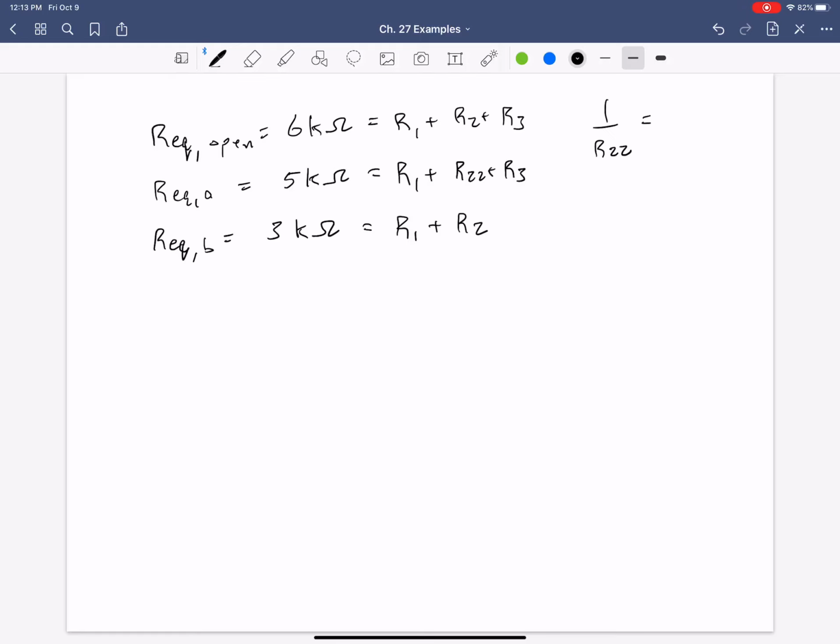So 1 over the equivalent resistance is the same as 1 over the individual resistors, which is the same as 2 over R2. And so thus, inverting both sides, we have 1/2 R2. And there you go. So now I'm going to replace that.